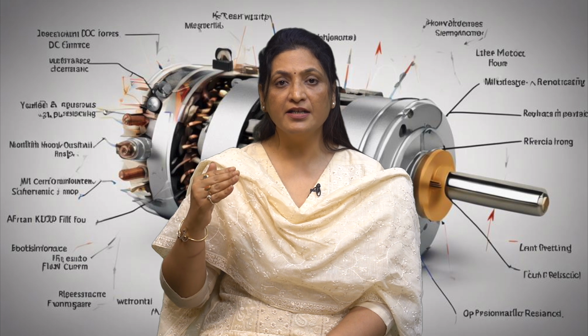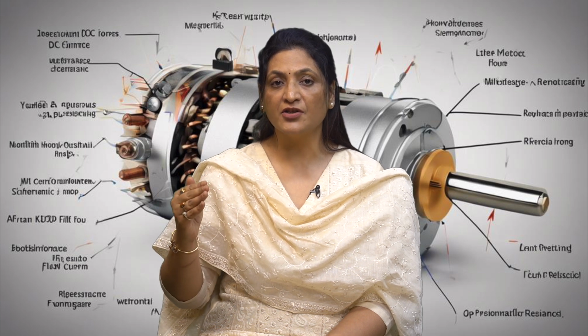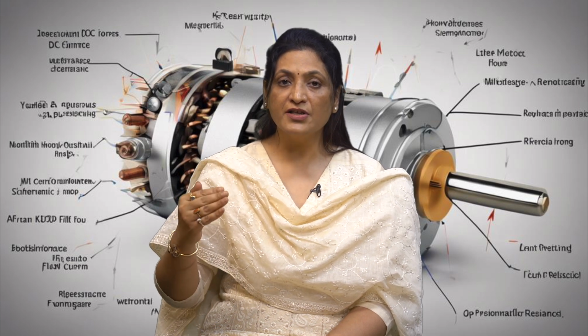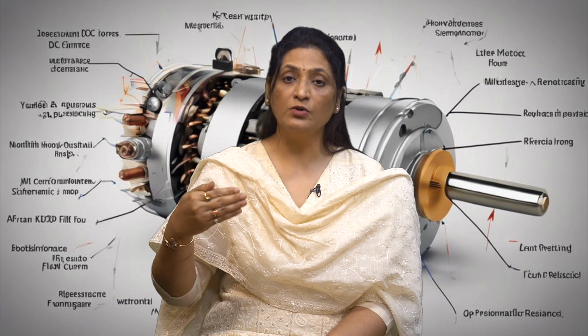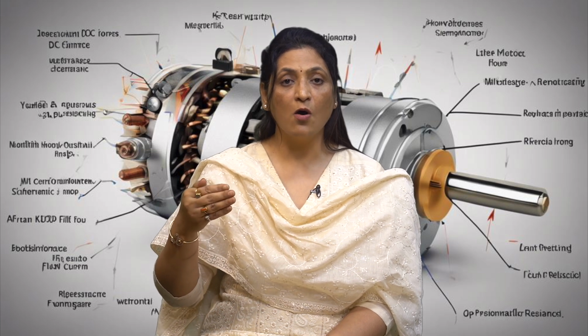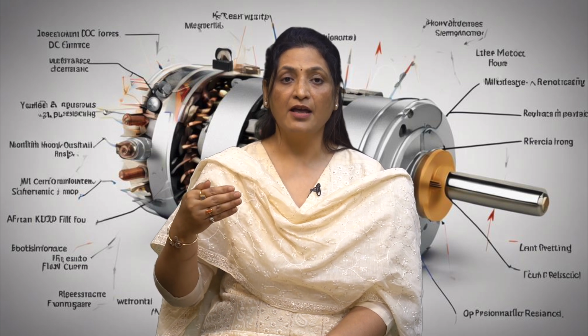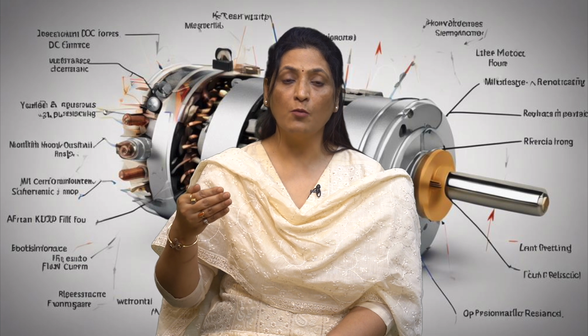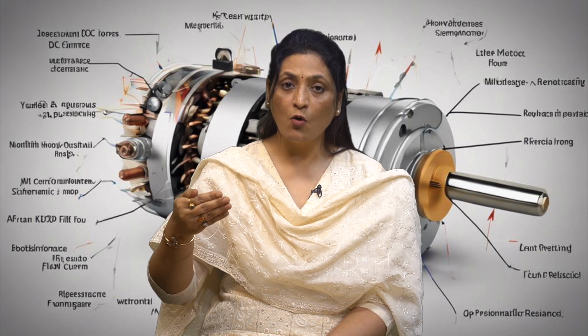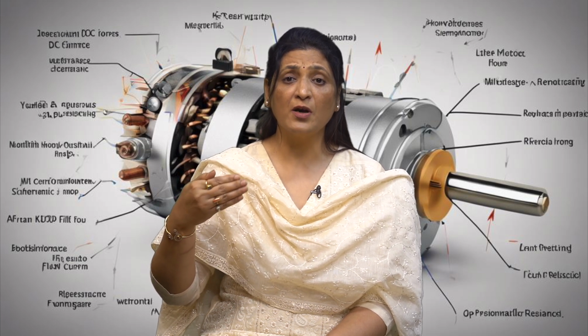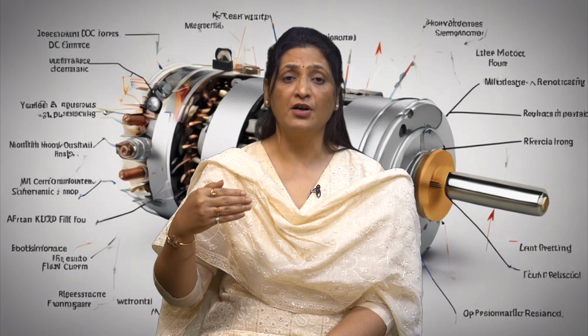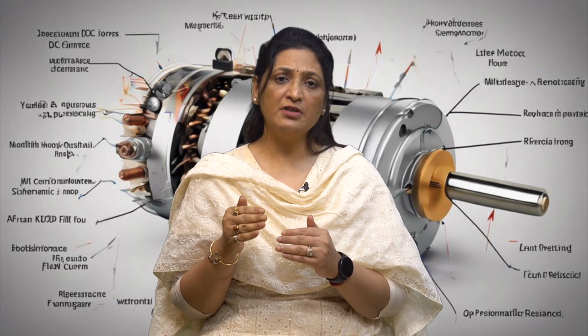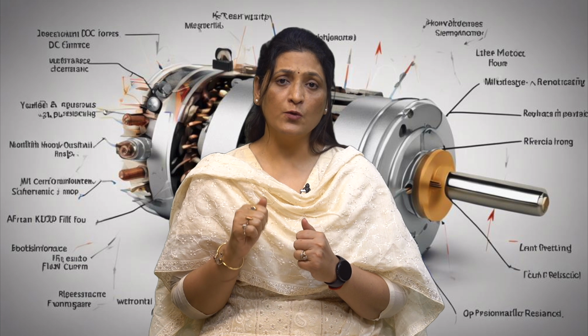The starting current is mainly limited by the armature resistance. If the motor is directly switched on to the mains, the armature will draw a very heavy current, as Ia is equal to V upon Ra, because of the small armature resistance, which may cause very severe damage. To avoid this, a suitable DC motor starter must be used.